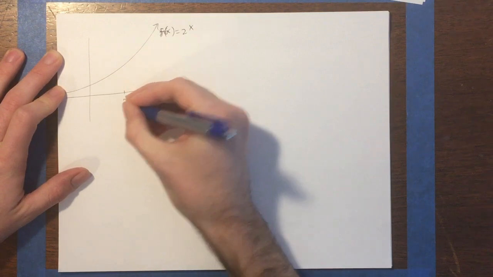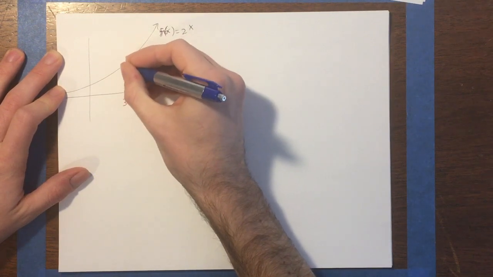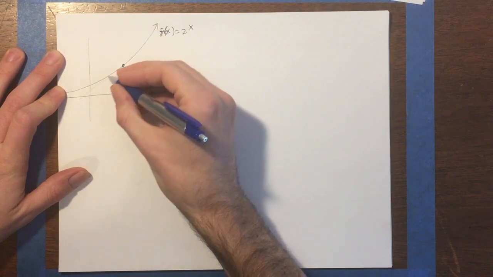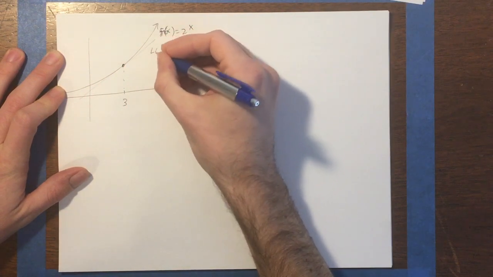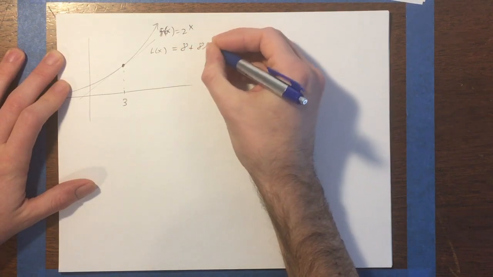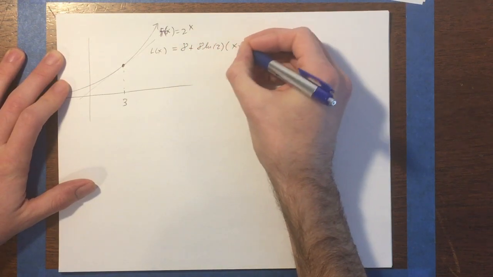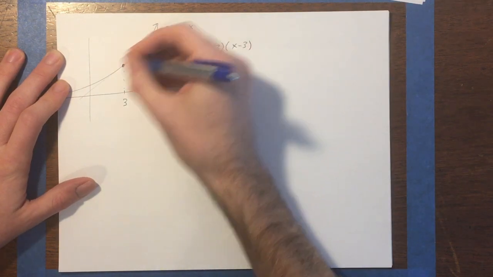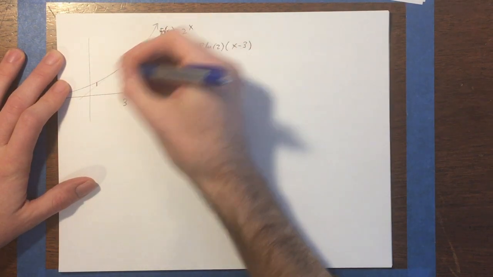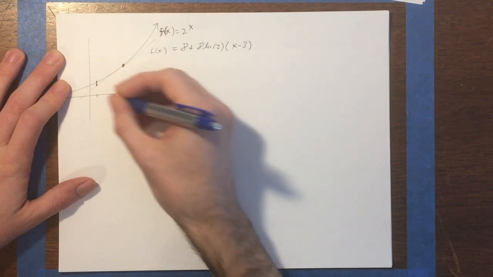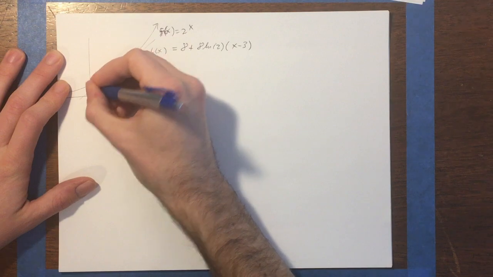And then over here is 3. So here's the point at which we do the tangent line. So there's our linearization L of x, which was 8 plus 8 natural log of 2 times x minus 3. And then the difference between these two heights here for some x value, let's call that d.